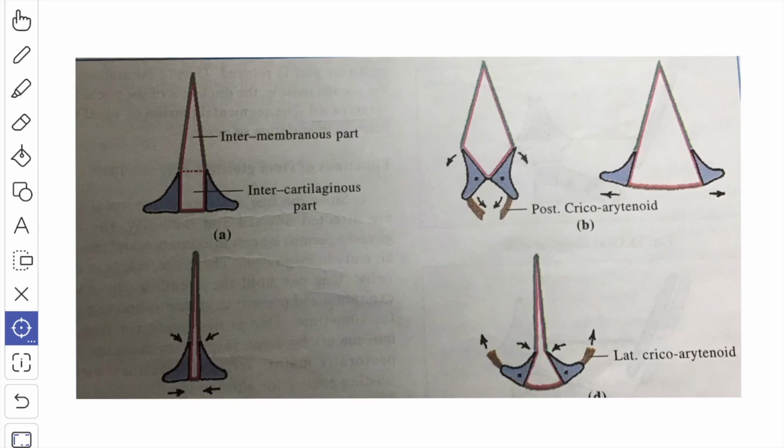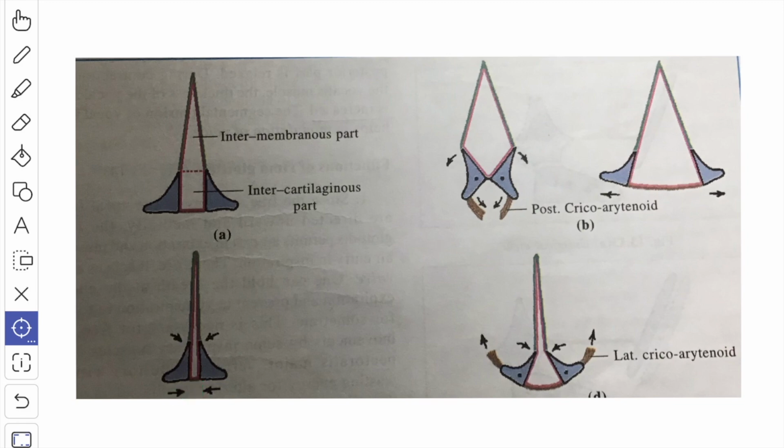The adduction of the intermembranous part by the lateral cricoarytenoid muscle is antagonized by the upper horizontal fibers of the posterior cricoarytenoid muscle.